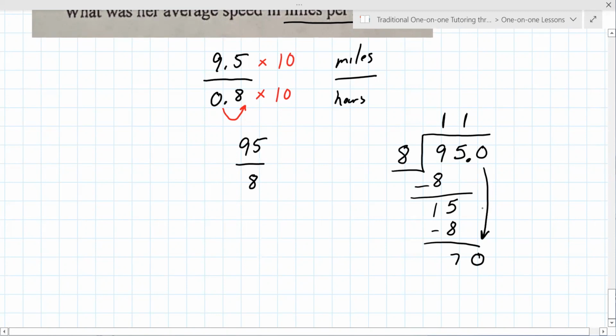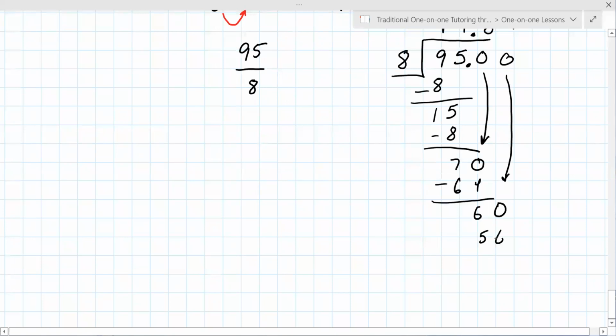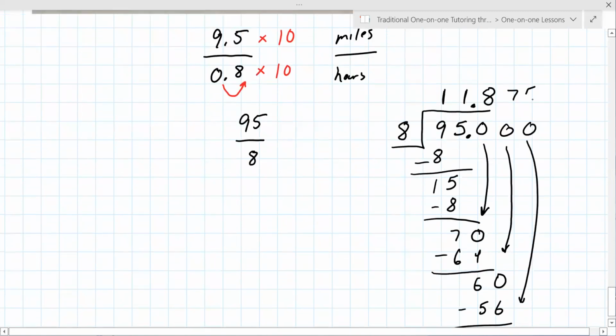You remember to bring the 0 down. You keep bringing the 0 down until you figure out where it finishes up. So we got 56, and you bring yet another 0 down, and you finally get your final answer.